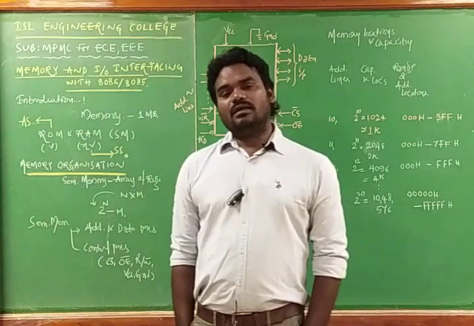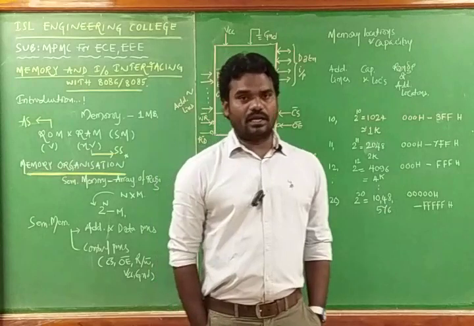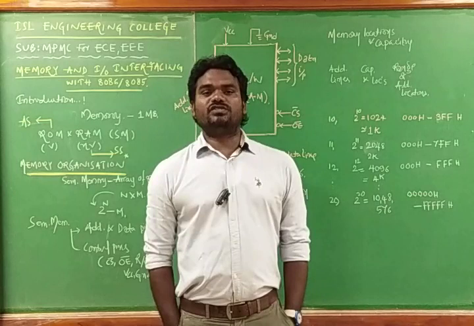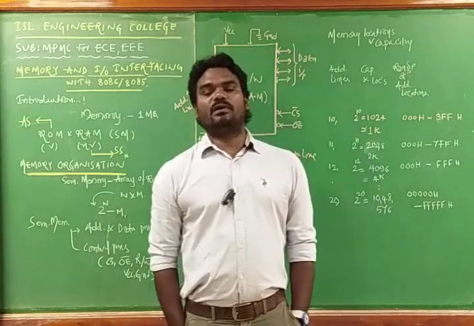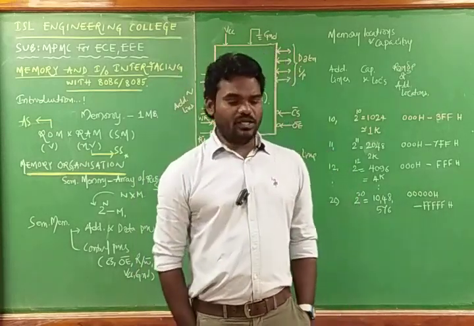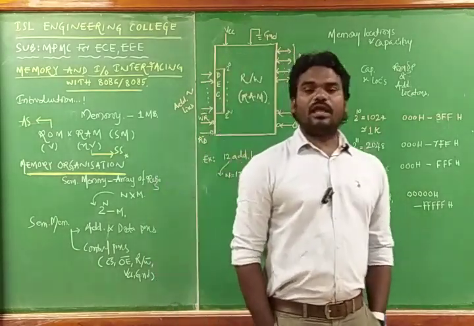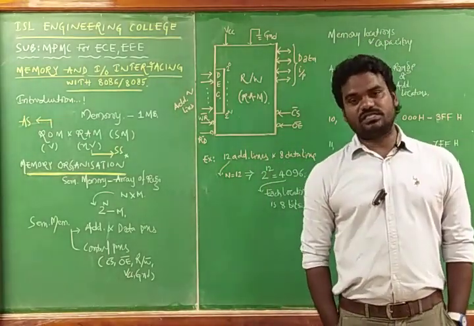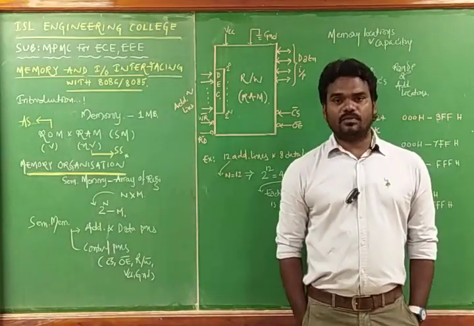We know that the 8086 microprocessor has a 20-bit address bus. That means these 20-bit address lines can access a maximum of 1 megabyte of memory externally, and each location in the 8086 microprocessor is able to store 16 bits of data, because the 8086 is a 16-bit processor.